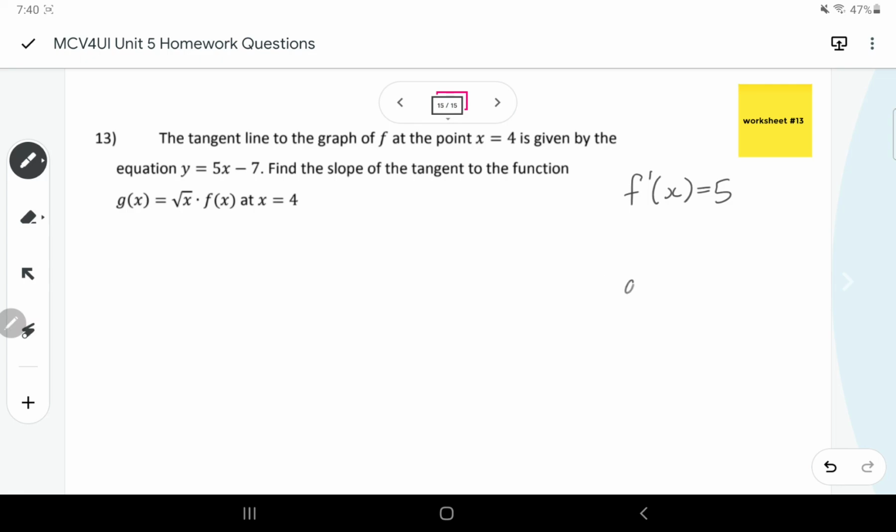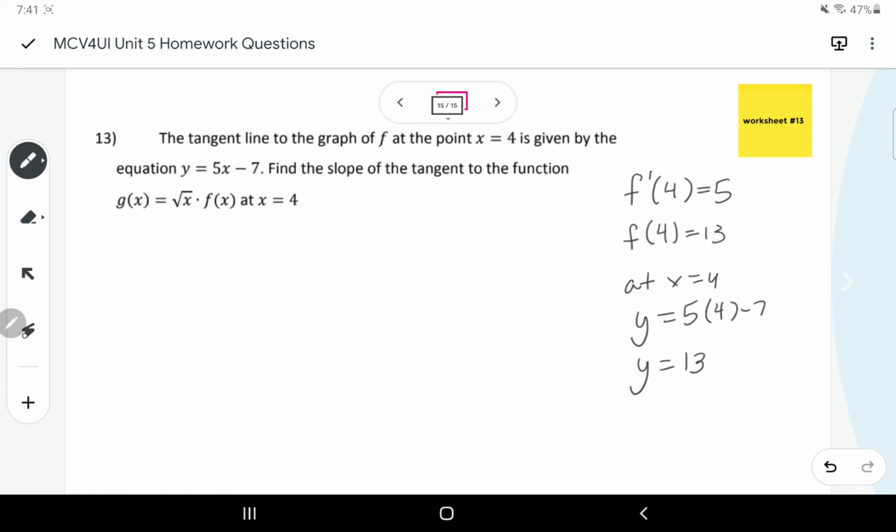And then we can also say at x equals 4, the equation of this line just touches the point. So y is 13. Sorry, I should have had a 4 here. So we know that f prime at 4 is 5 and f at 4 is 13.